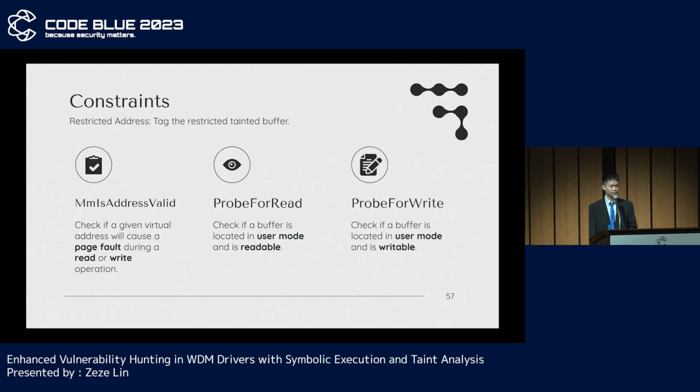On the other hand, ProbeForWrite is an API used to validate that a buffer is located in user mode and writable. IOCTLance hooks these APIs to reduce false positives because the input buffer may be constrained.